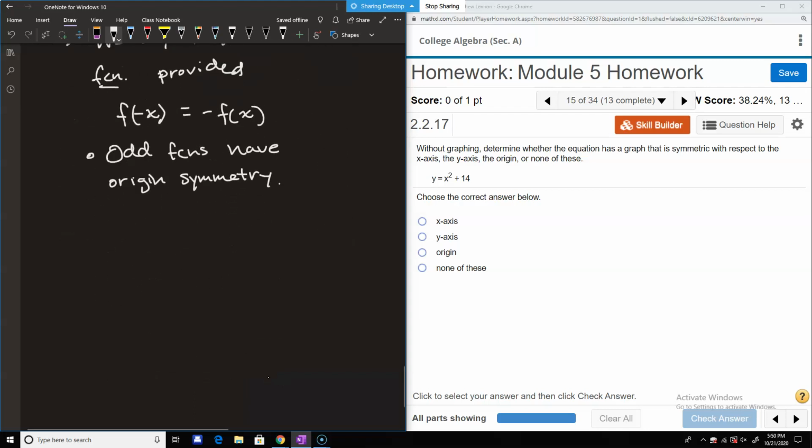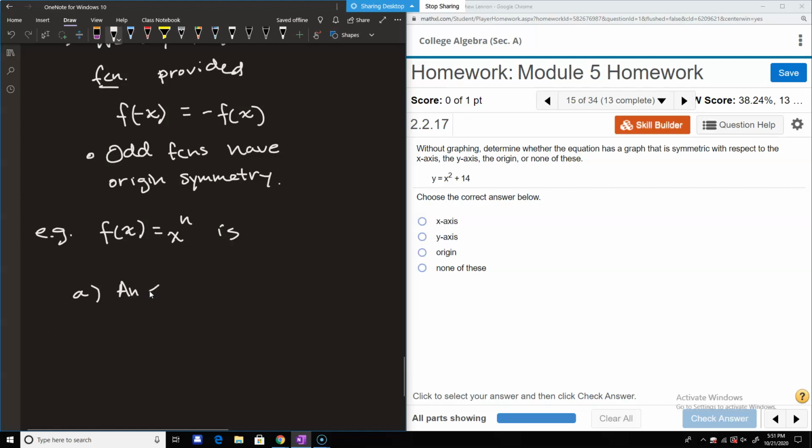And where do they get their names? Let's just say f of x equals x to the nth power. This is the group of examples that kind of gave it its name, right?